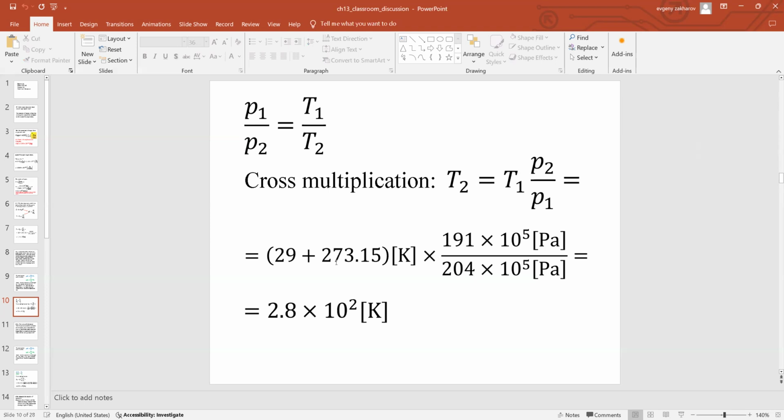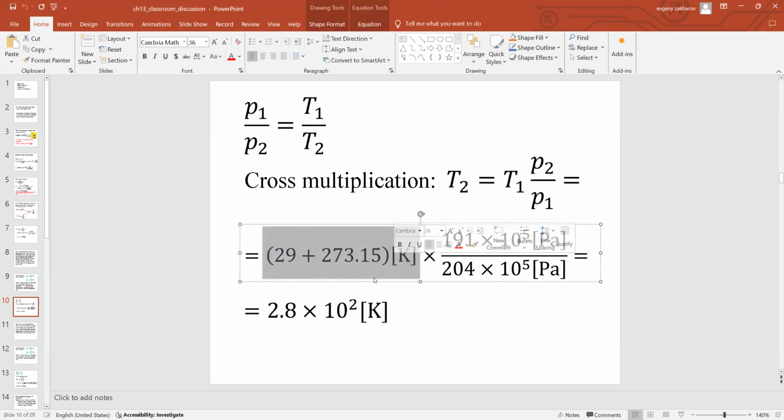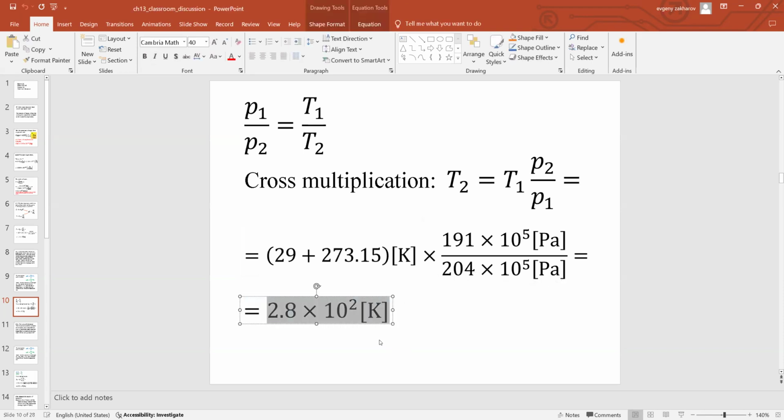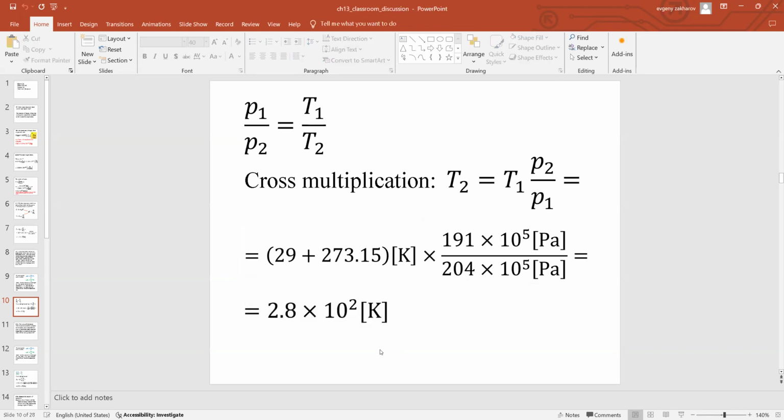Whatever the ratio is, multiplied by 300 and, what is it, 29. So just 300 plus a little bit of a change for Kelvin, and you're going to get 280 degrees Kelvin. This is how hot the ocean is.